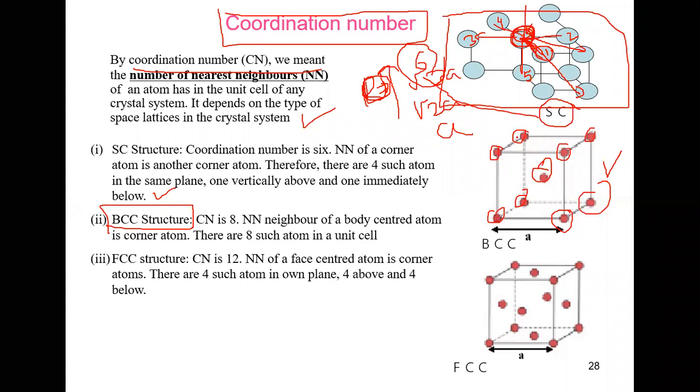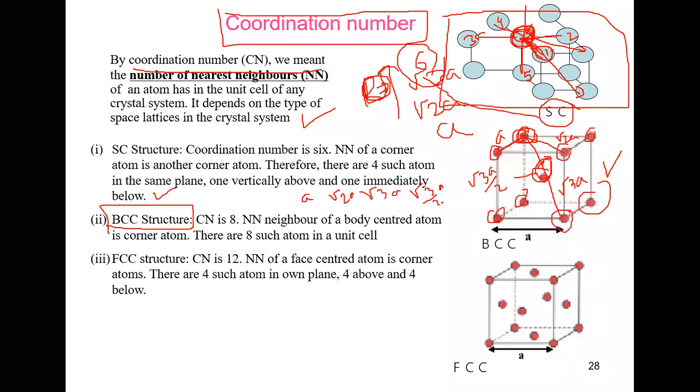Now, as before, you should find out the nearest neighbor number. If you look at yourself at any corner atom, then atoms are located at a distance a, atoms at a distance root 2a, atoms at a distance root 3a as well, and also atoms at a distance of half of root 3a, that means root 3a by 2.